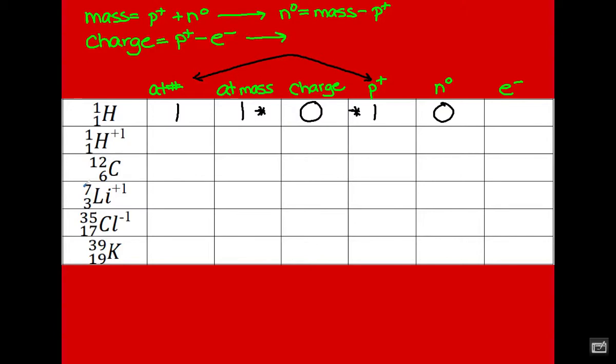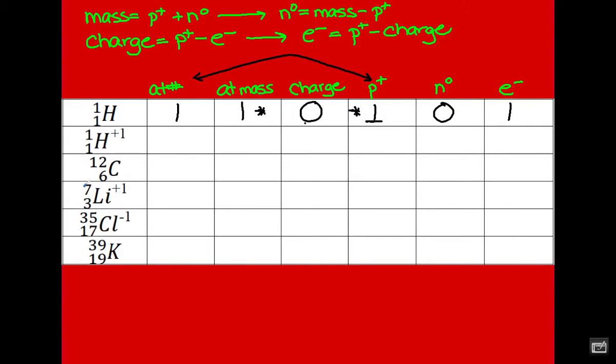So I can rearrange that to solve for electrons, and what I get is the number of electrons is equal to the number of protons minus the charge. So in the one that we are doing, my number of protons is again 1, my charge is 0, so the number of electrons I have to have is 1.